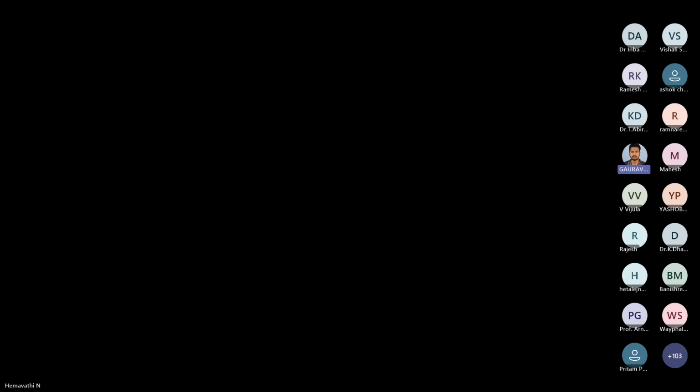Now we go for the next one. This is from the GPIO pin. In the previous slide we used the pulse generator block. Here we can use a repeating sequence and constant block also to generate the PWM pulses.